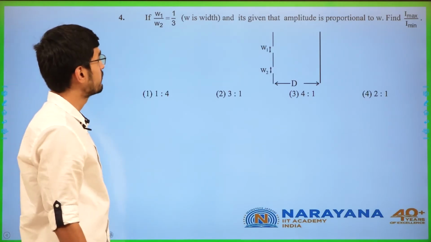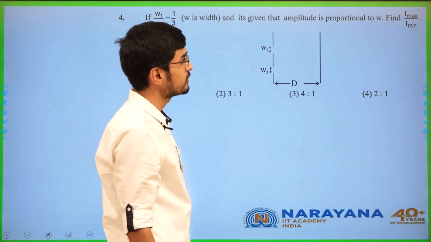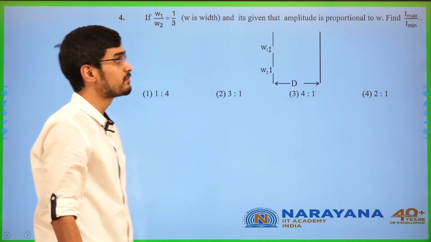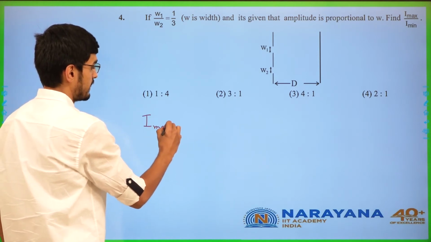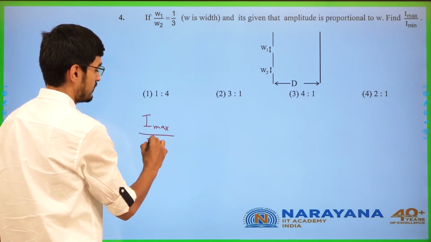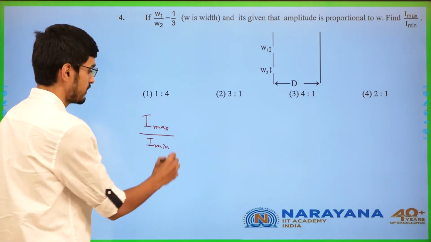If W1 by W2 is 1 by 3 and it is given that amplitude is proportional to the width, we have to find I maximum upon I minimum. As we know, I max will happen in constructive interference and I minimum will occur in destructive interference.